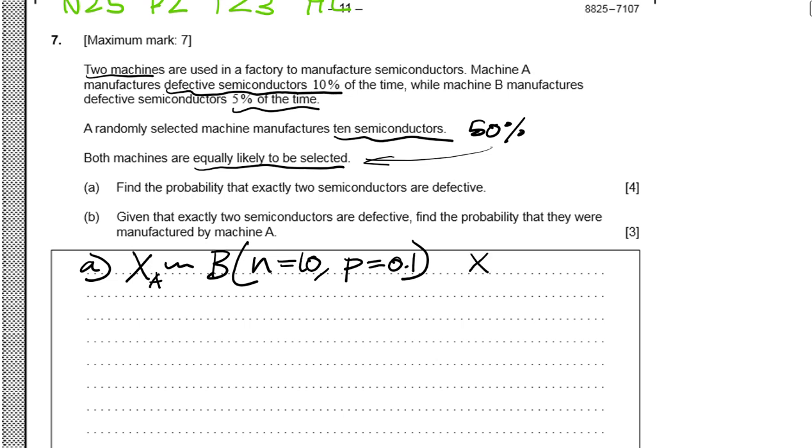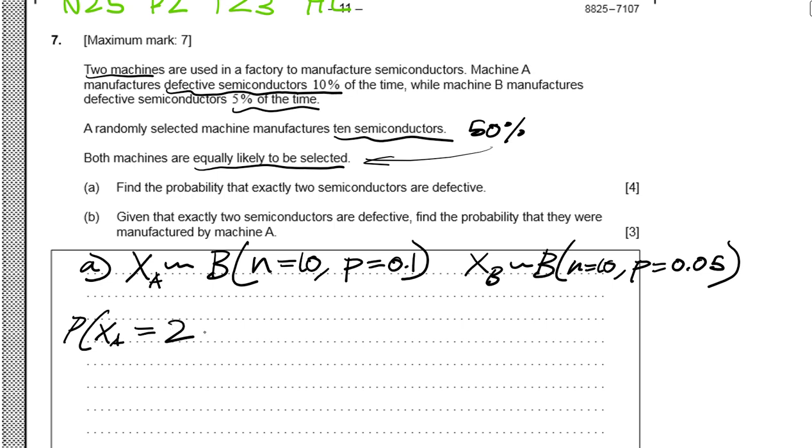And then we have XB, and that is N equal to 10, P equal to 0.05. Same reasoning, except 5% of the time. And now we are told that we want exactly 2 semiconductors to be defective. And so our probability that XA is equal to 2, right?